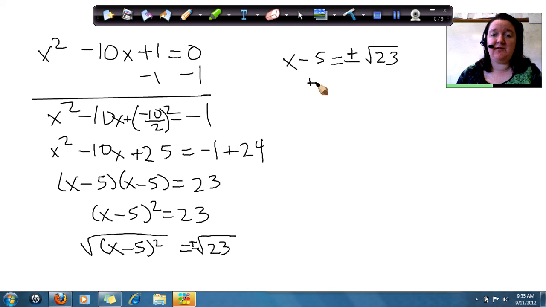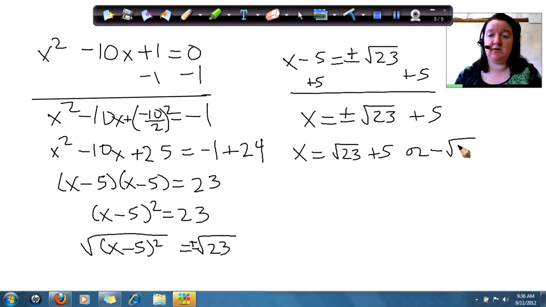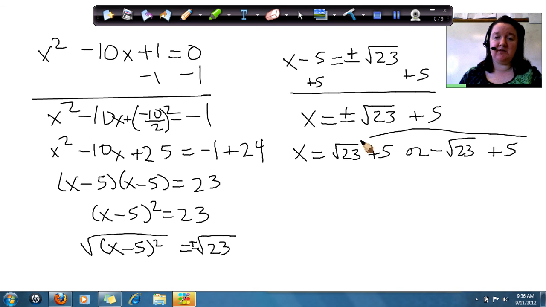So let's add 5 to both sides. So we're going to get x equals plus or minus the square root of 23 plus 5. So our x value could equal the square root of 23 plus 5, or the negative square root of 23 plus 5. Those are our two solutions for that equation.